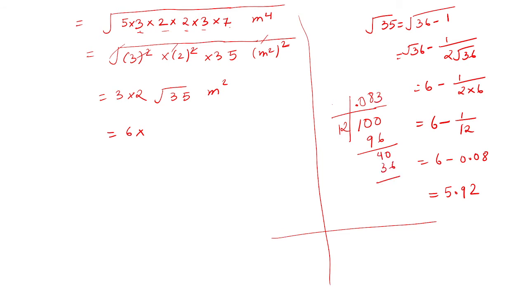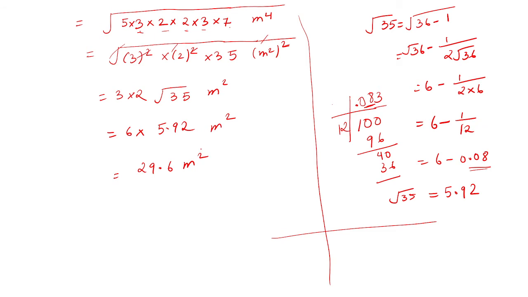Okay, you can just continue this, but you can just take it up to 8 only, so 0.08. I'm just taking only up to 0.08. You don't have to take more. So root 35 value, what did we get? We got it as 5.92. Clear? So you do the multiplication of this, meter square. So the multiplication of this will be 29.6 meter square.